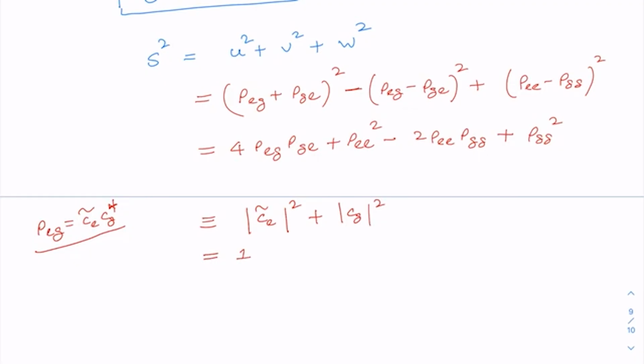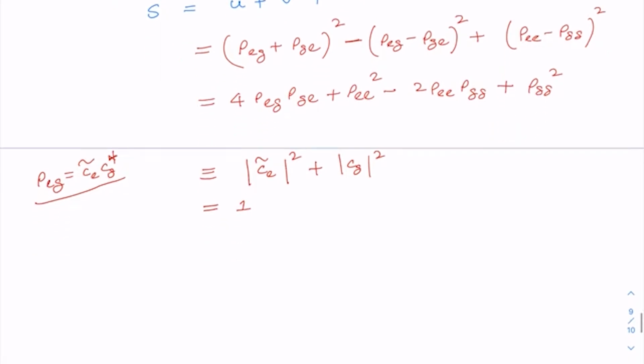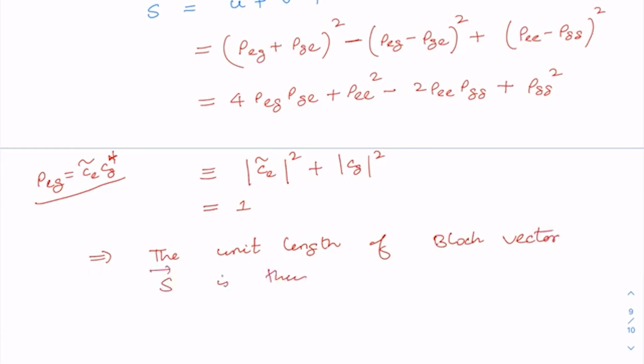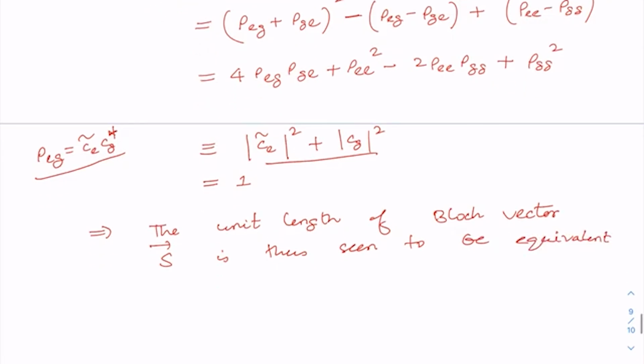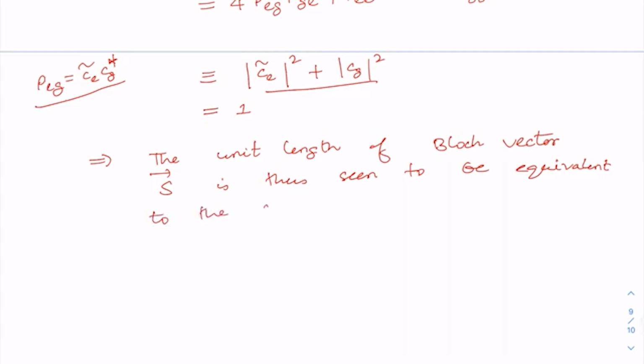So s square turns out to be equal to 1, which implies that the unit length of the Bloch vector s is equivalent to the conservation of probability in a two-level system or two-level atom.